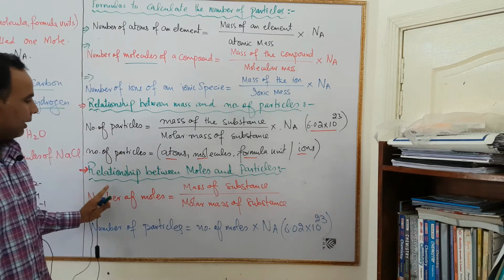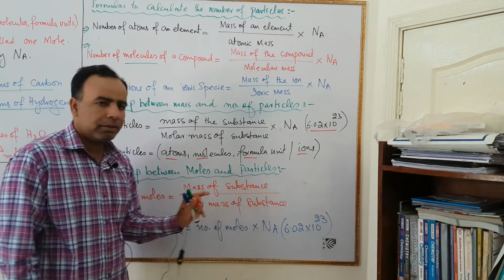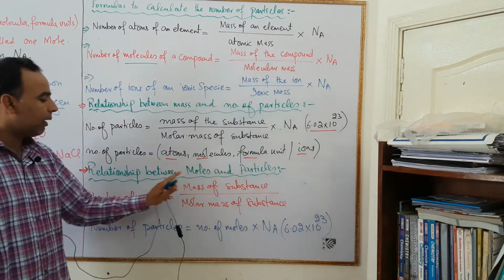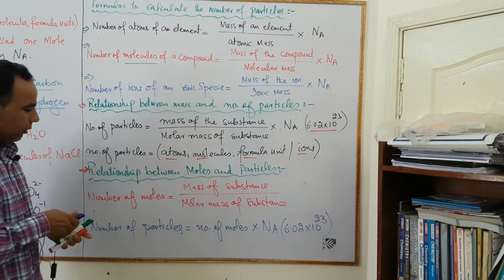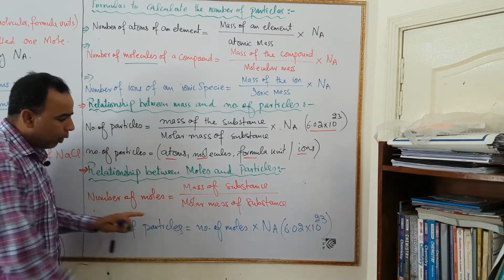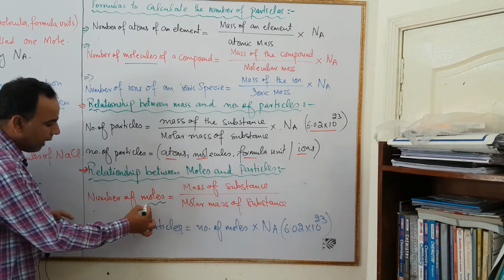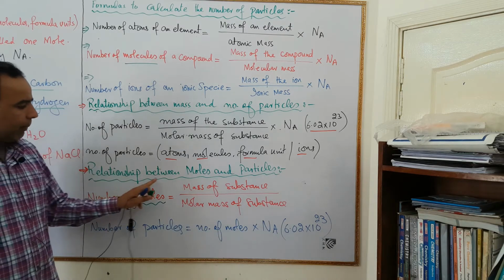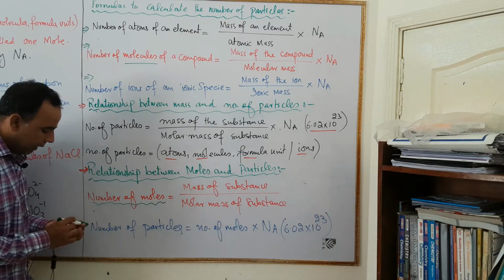And similarly, we can find out the relationship between moles and particles. For that relationship, first of all, we will have to calculate the number of moles. Number of moles can be found with the help of this formula: mass of the substance divided by molar mass of the substance. When we find the number of moles with this formula, then we can find the relationship between moles and particles with the formula given below.